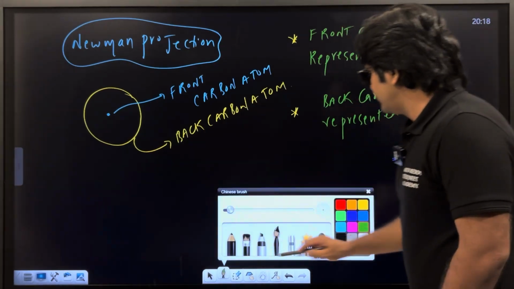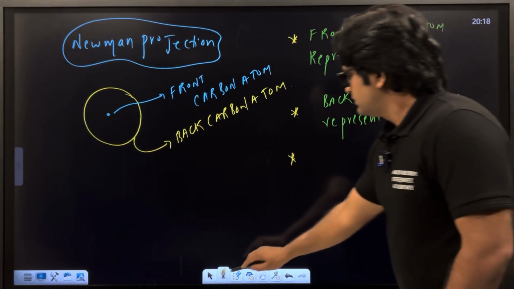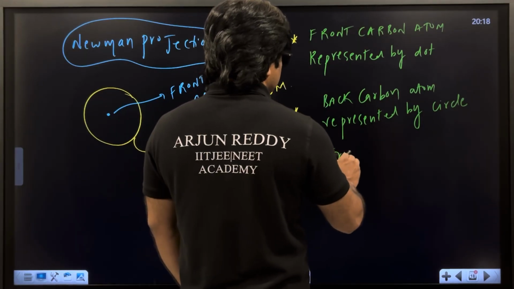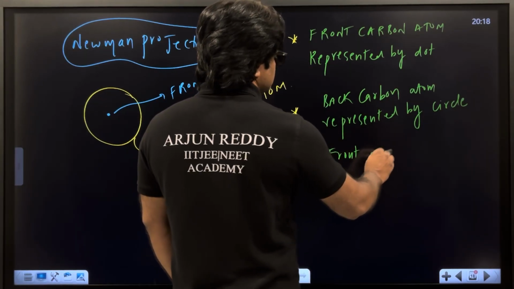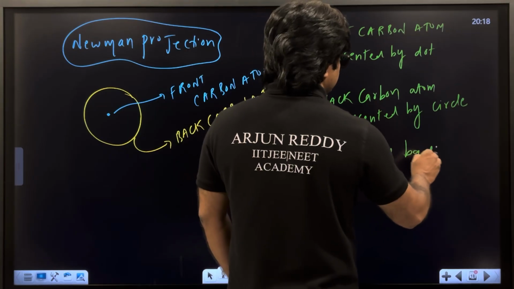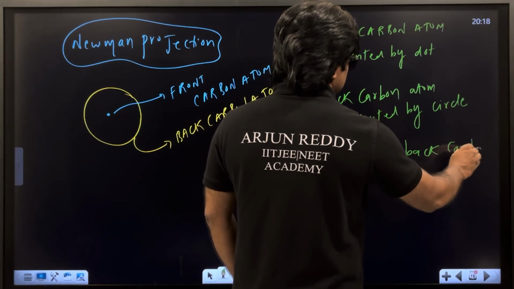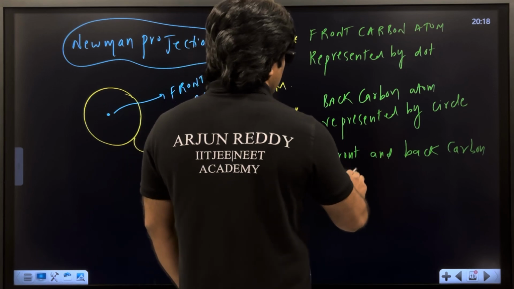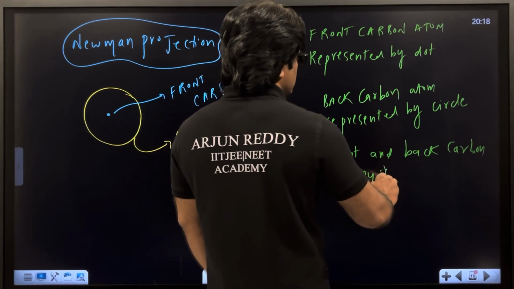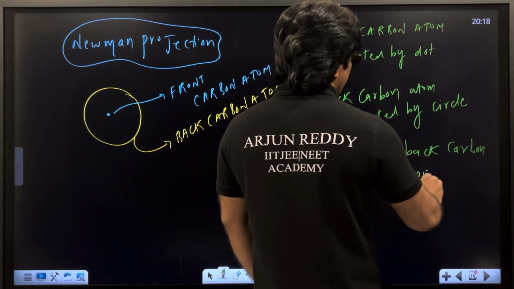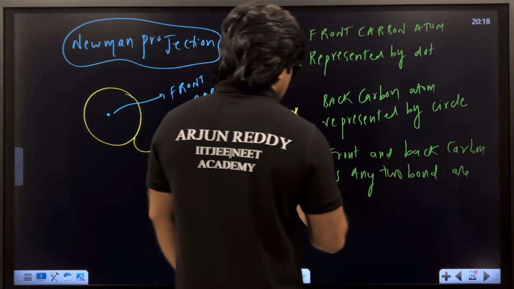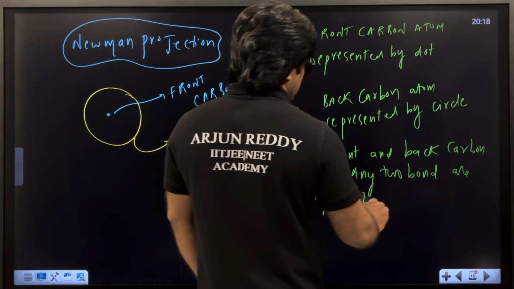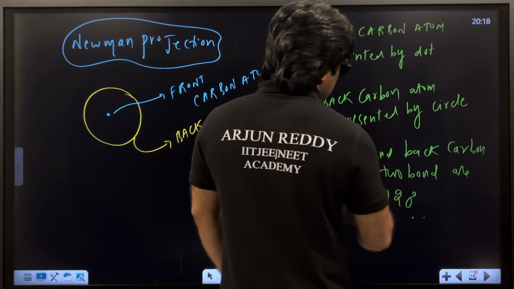Next, another important point. At front and back carbon atoms, any two bonds are separated by a 120 degrees angle.